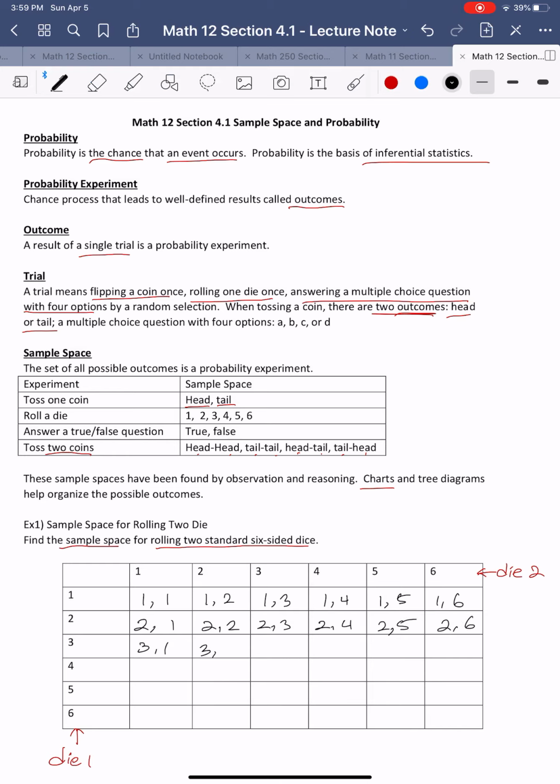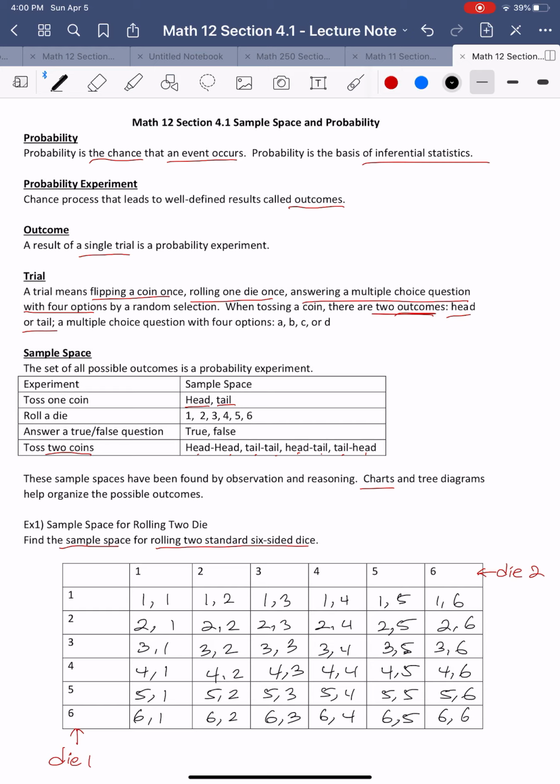3-1, 3-2, 3-3, 3-4, 3-5, 3-6. 4-1, 4-2, 4-3, 4-4, 4-5, 4-6. 5-1, 5-2, 5-3, 5-4, 5-5, 5-6. 6-1, 6-2, 6-3, 6-4, 6-5, and 6-6.